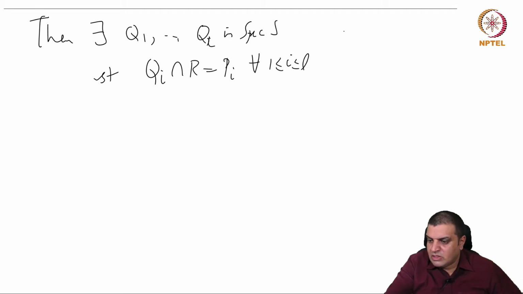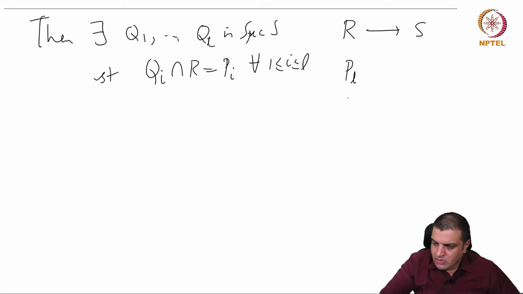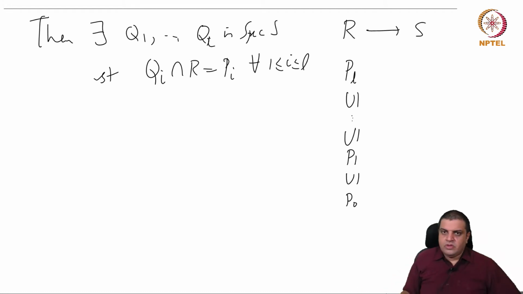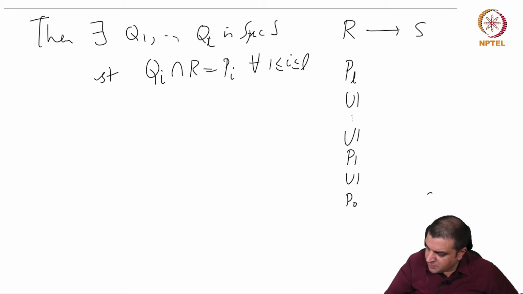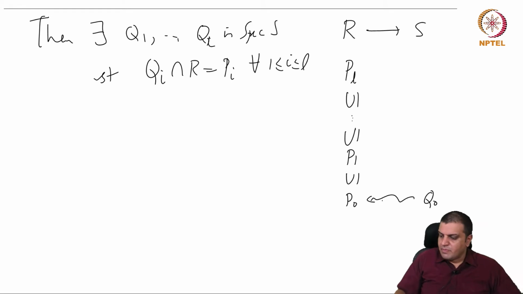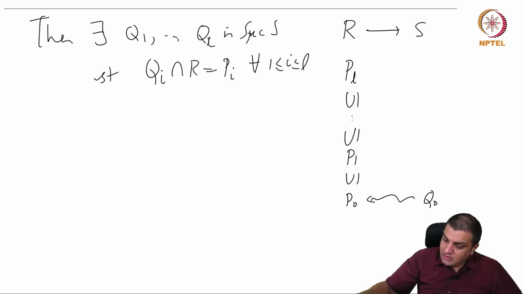Okay, so we can think of it as follows. There is an integral extension R to S, and there are primes here, and then there is a prime here contracting to this. In other words, Q0 is in the fiber over P0.